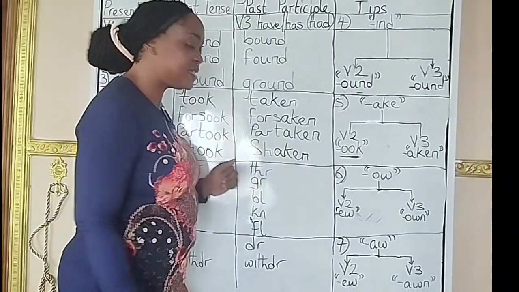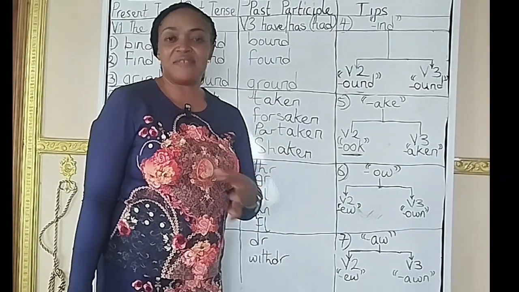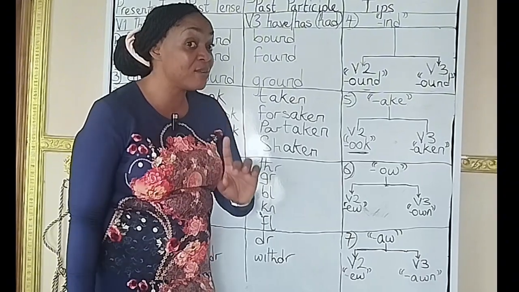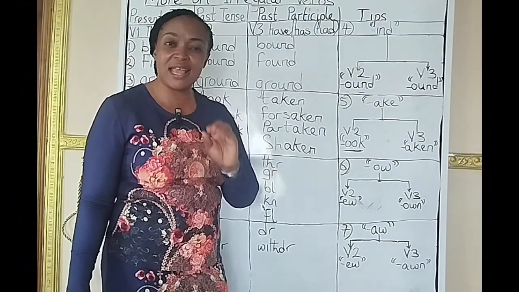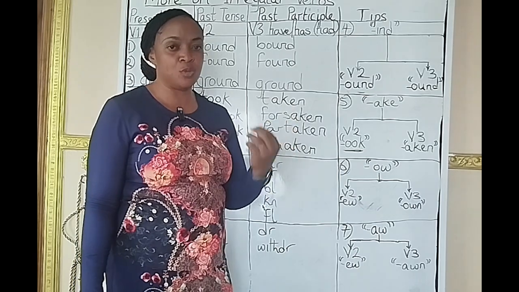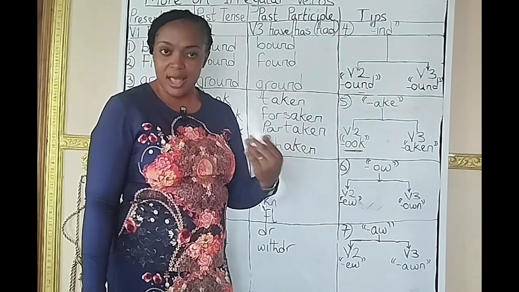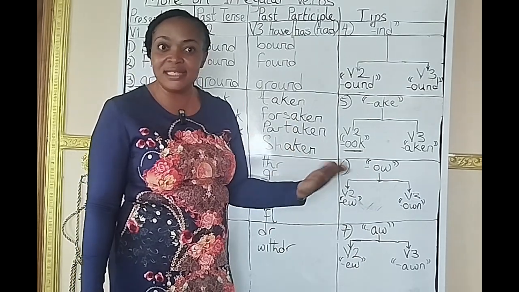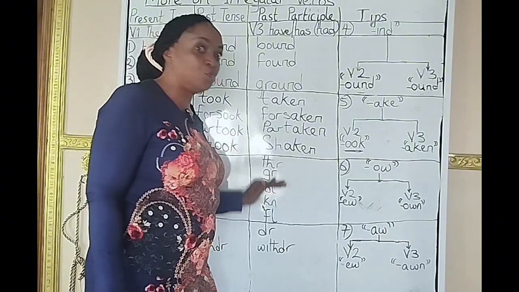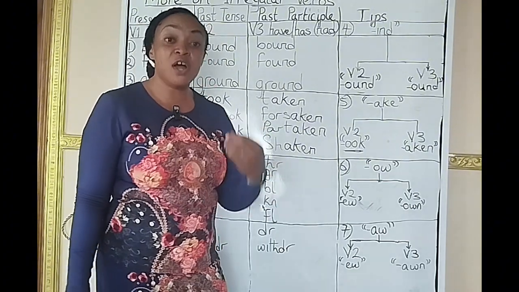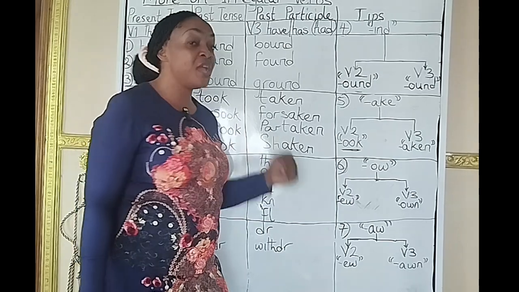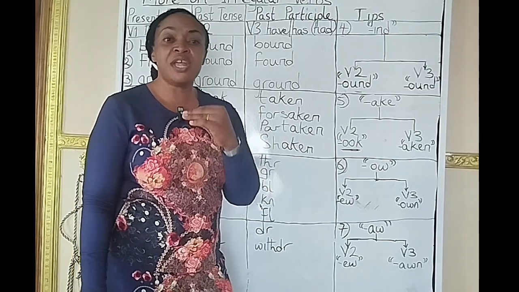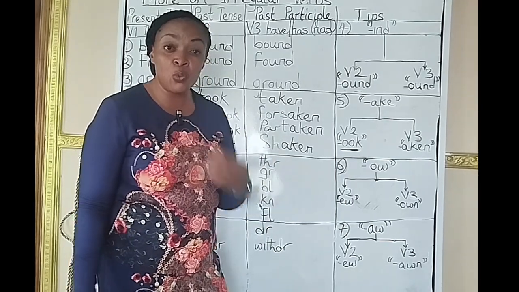The next tip states that when you have an irregular verb, remember, there are regular verbs that end with OW, like slow. And we just add ed, slowed. So here you just need to know the irregular verbs that end with OW.